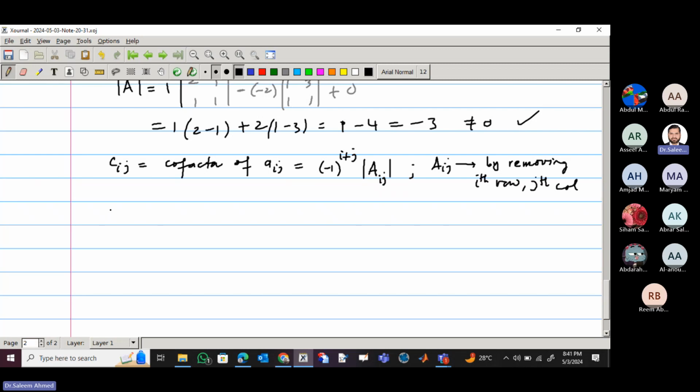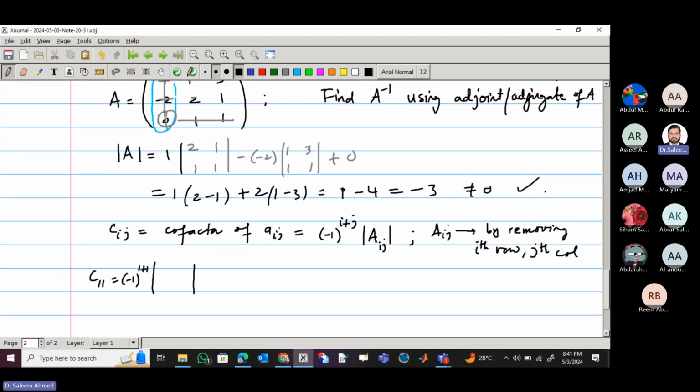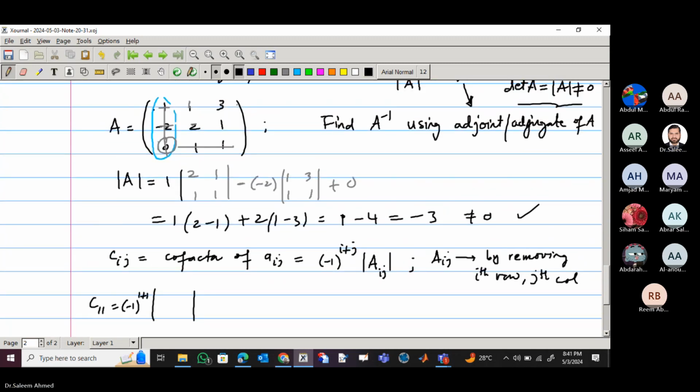So basically, I will find this Cij for all the entries. For example, C11. 1 plus 1 is even, so minus 1 to the power 1 plus 1 will become 2, and it is positive. So no need to write. We know it's plus. Now this is the first one. You see here, 1 minus 2, 0, so I can remove it. 1 minus 2, 0, 1, 1, right?